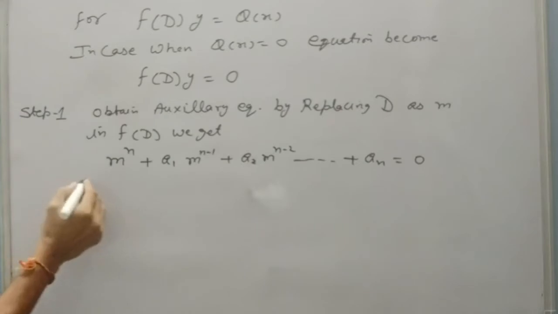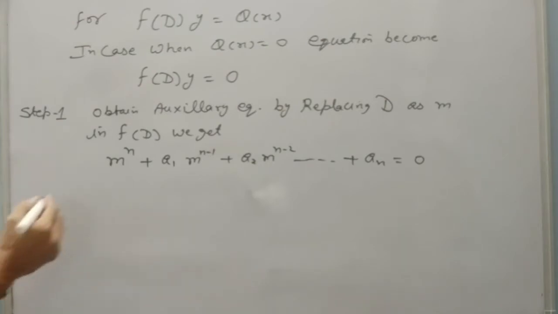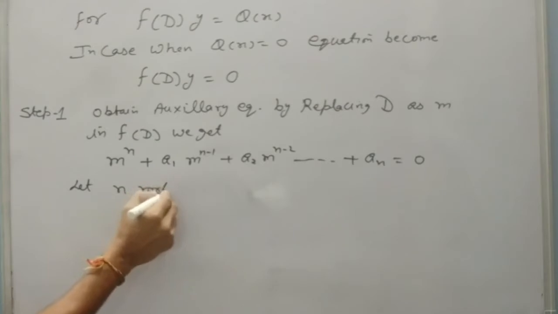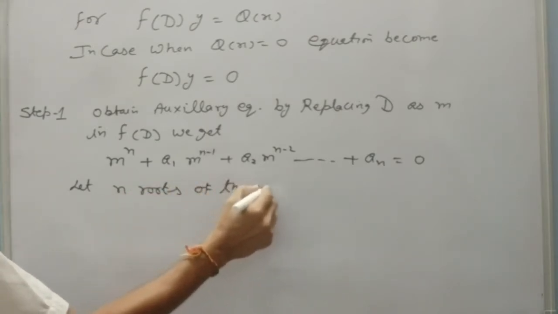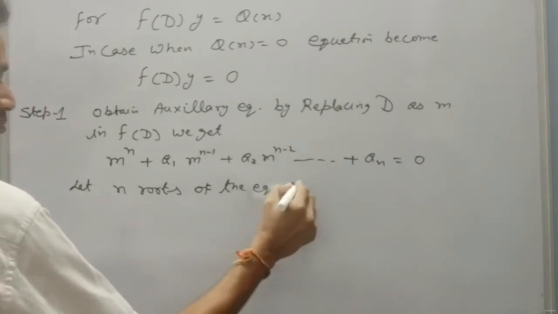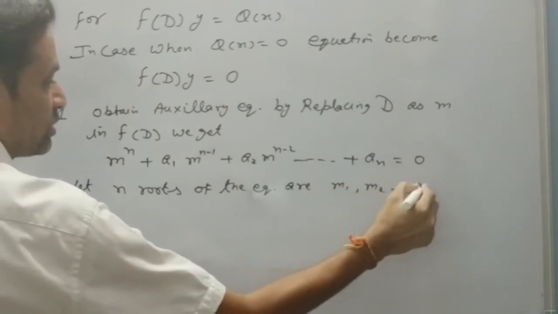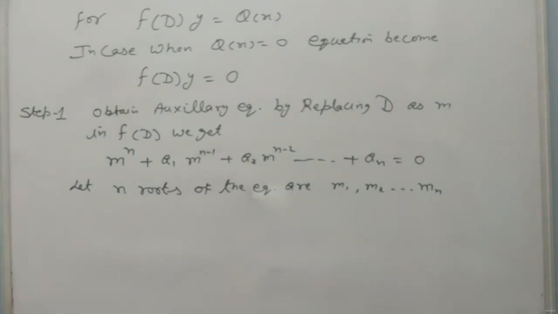Because it is a polynomial equation, it has n roots. So let the n roots of the equation be m1, m2, and so on up to mn. Now there are a few cases we have to remember.